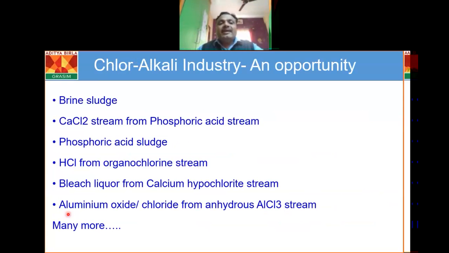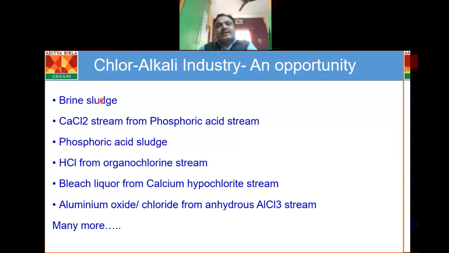Other than that, as I am in the chloralkali industry, there are a lot of opportunities for academia to work on. Similar to red mud, in the chloralkali industry, there is brine sludge. About 4% brine sludge per ton is generated during production of caustic.